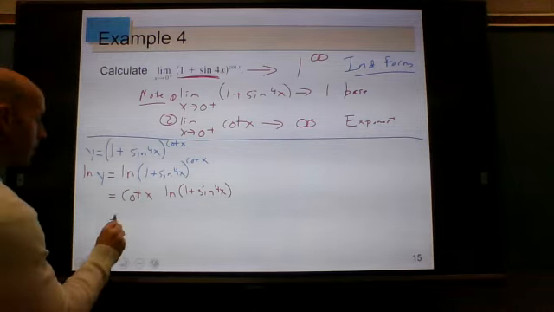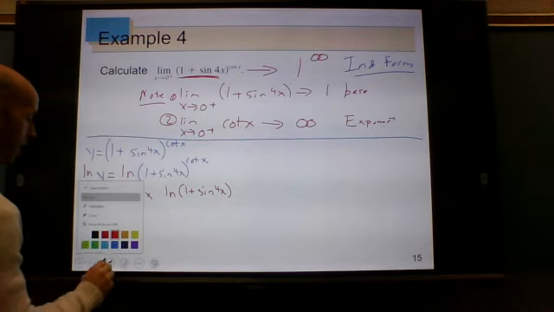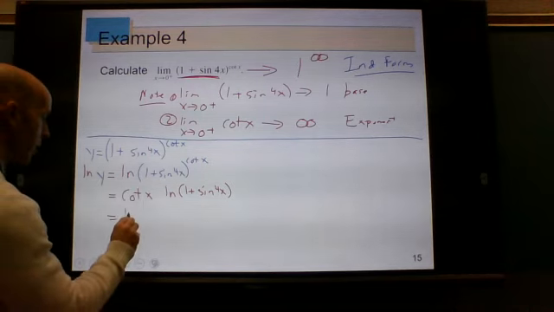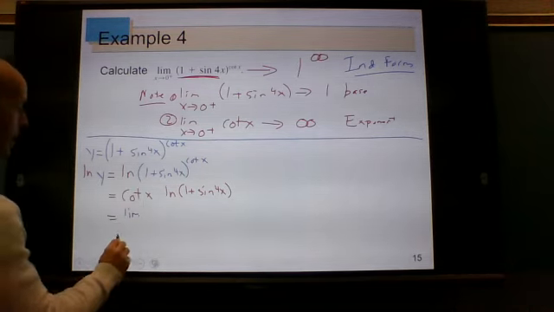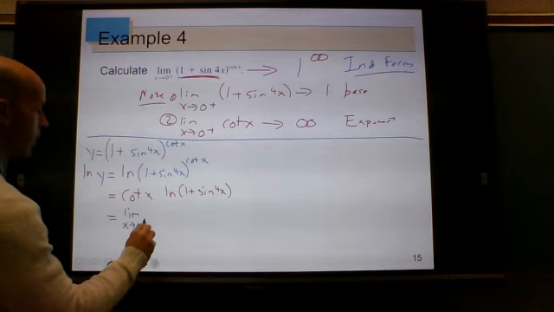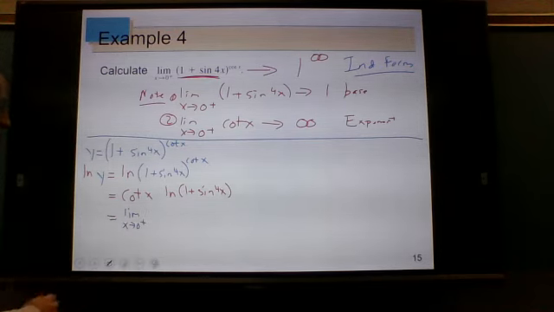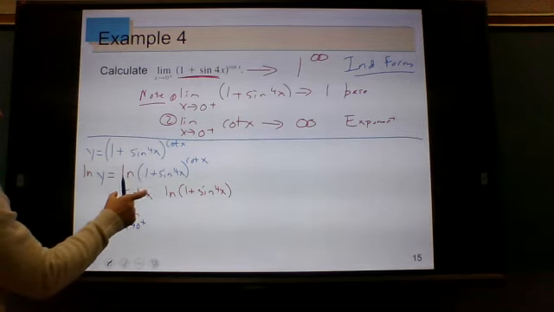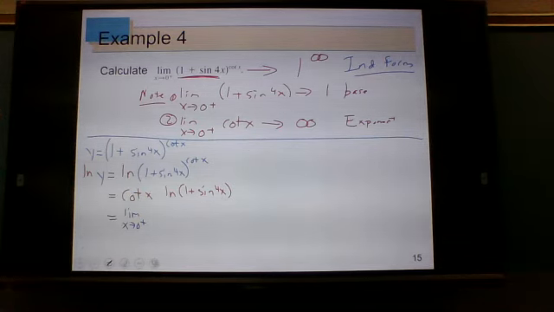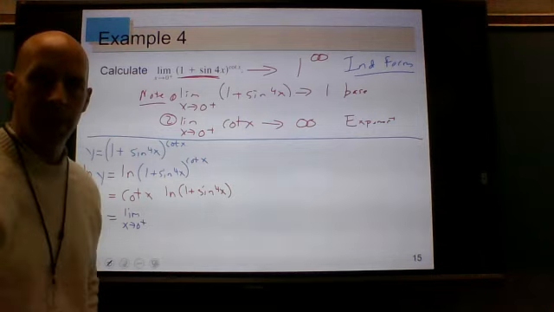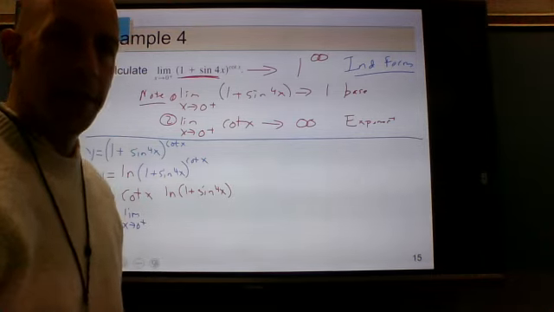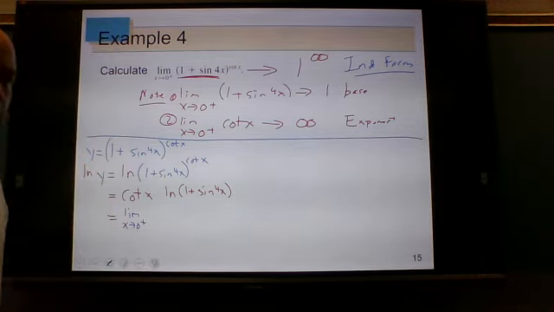Now I can start dealing with the limit again. Let's do the limit as x goes to 0 plus. And I'm going to play that trick that we played earlier when we talked about products, when we talked about doing the reciprocal of cotangent x. Do you recall what the reciprocal of cotangent x is? It's tangent x.